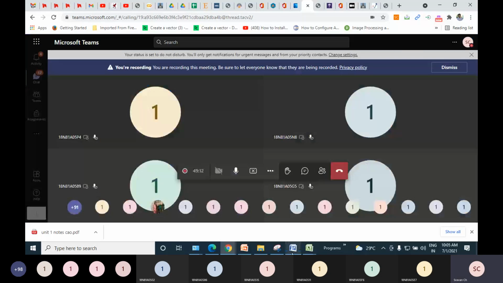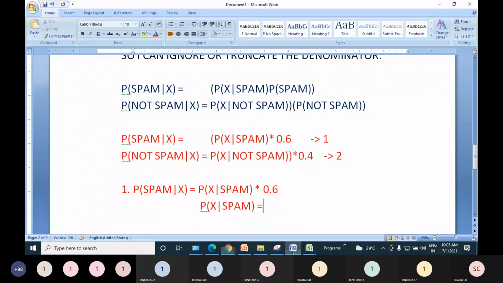So P of X given spam. Now what is there in X? It is a message, a content. Now what I need to find is the probability of A given B, means number of times, observe this carefully, the sentence X appears in the class. X is the sentence, Ram sir, are you coming tomorrow?